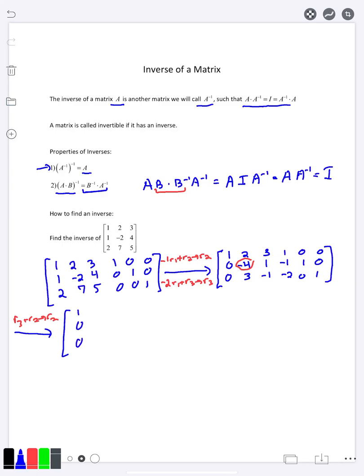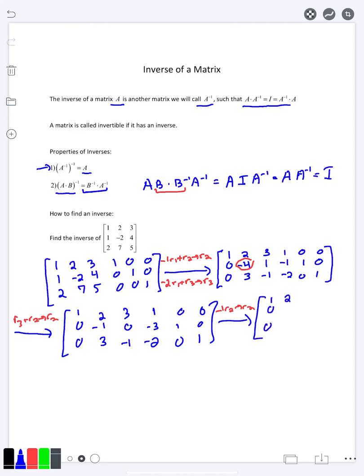And what you see is going to happen here is I have 3 plus negative 4 is negative 1, and negative 1, 1, 0, and then negative 2, negative 1 is negative 3, and we get this here. And then all I have to do now is multiply row 2 by negative 1, and that will get me the 1 that I wanted there, and I can avoid fractions this way.